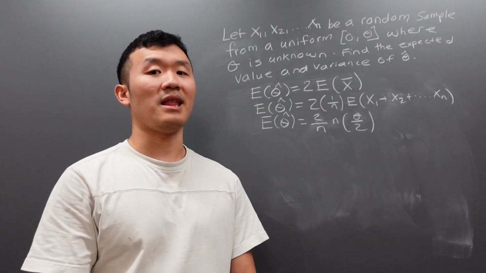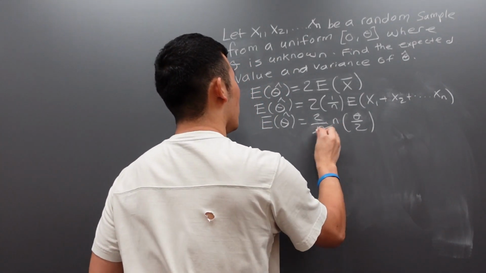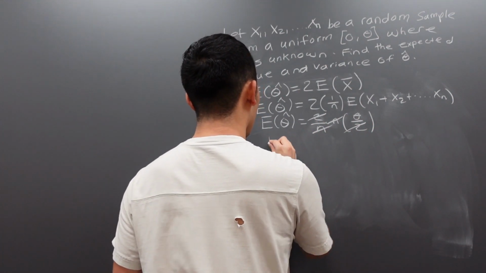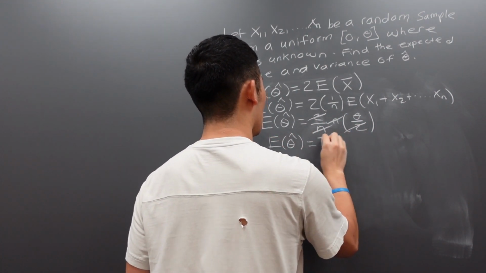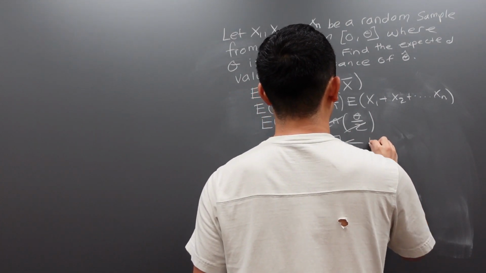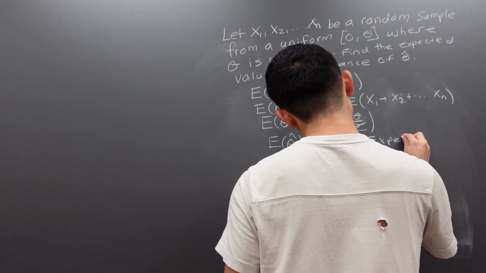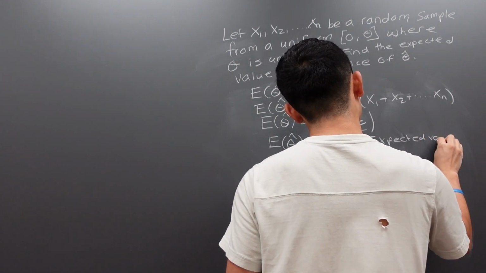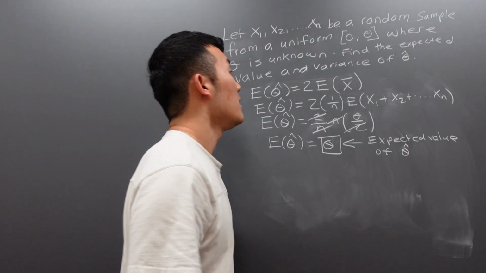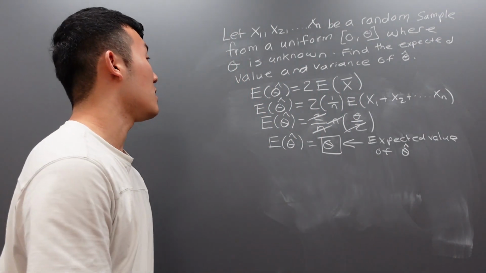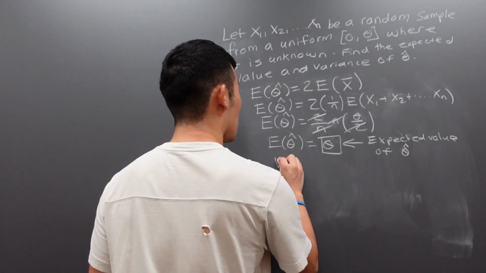And now we can see that the n's cancel out and the 2's cancel out. So now we have E of theta hat is equal to theta. And this is our expected value of theta hat. And now let's find the variance of theta hat.